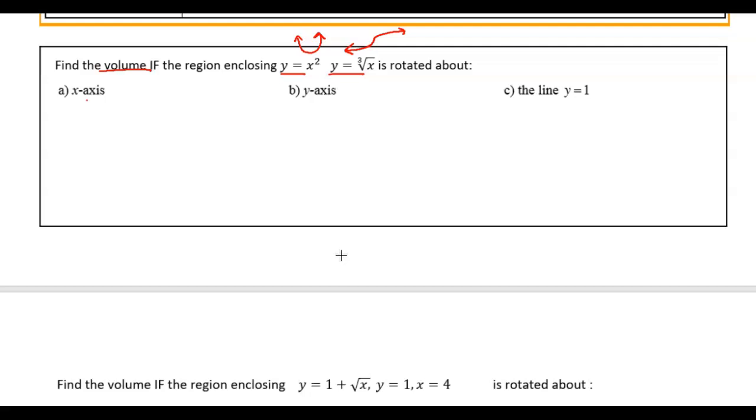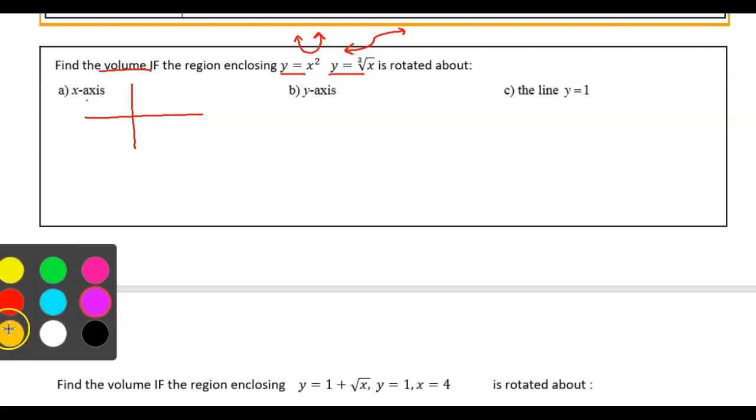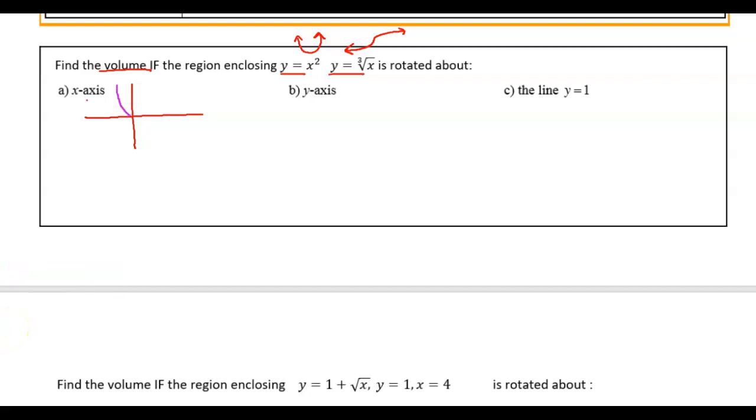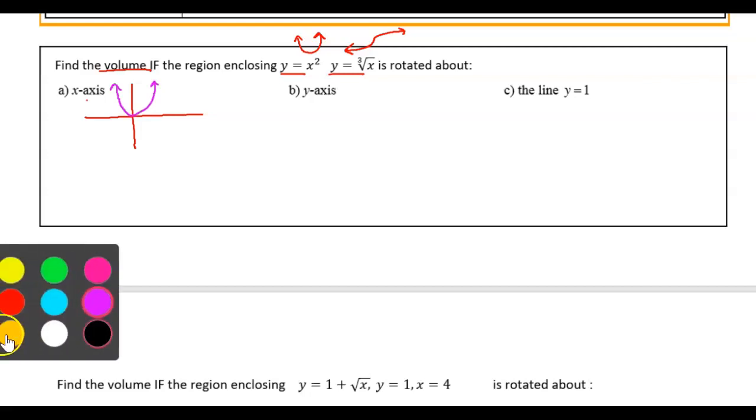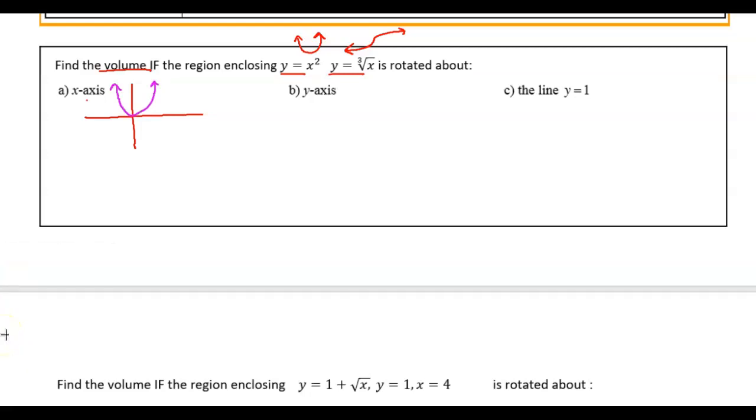So the first thing I do is I'm going to sketch what it might look like. And so it's always the bound region. So I'm looking at y equals x squared. I'm going to try to draw that as best as I can. Y equals the cubed root of x. Okay.